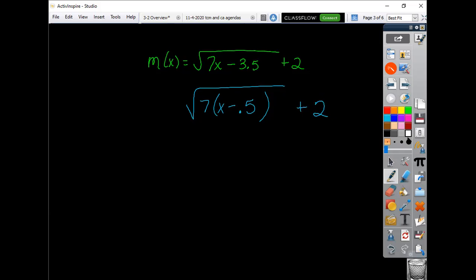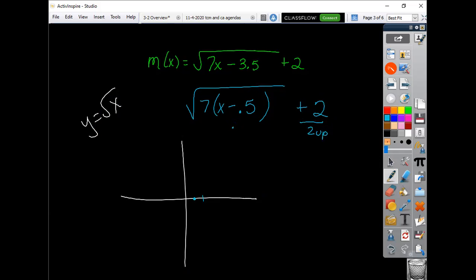So our parent graph would be just the square root of x. And so when you put this blue one on here, 0.5 to the right, so if that's 1, 0.5 to the right, then 2 up, so take this and move it up 2.